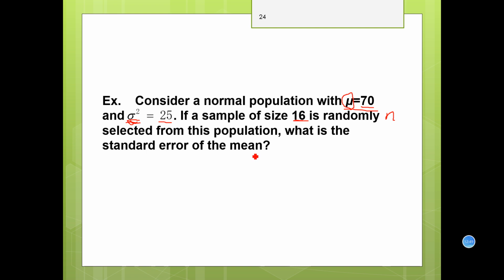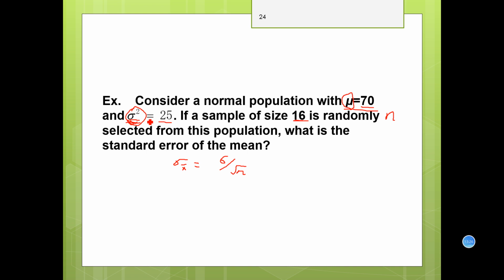According to the central limit theorem, the standard error of the mean is sigma x bar, and according to the theorem we already know that it equals sigma divided by square root n. Here sigma square is given, and we can figure out sigma.